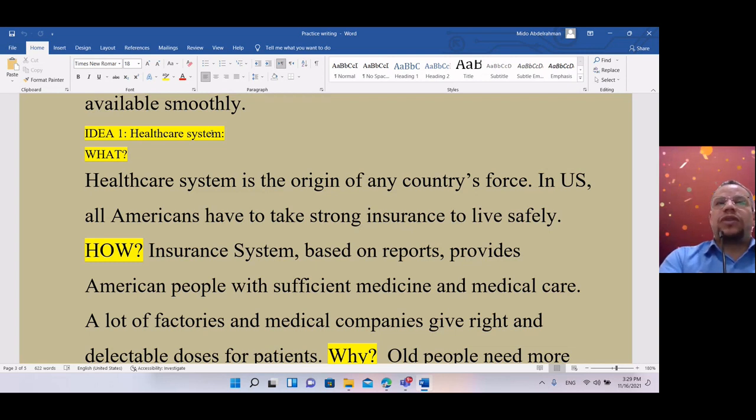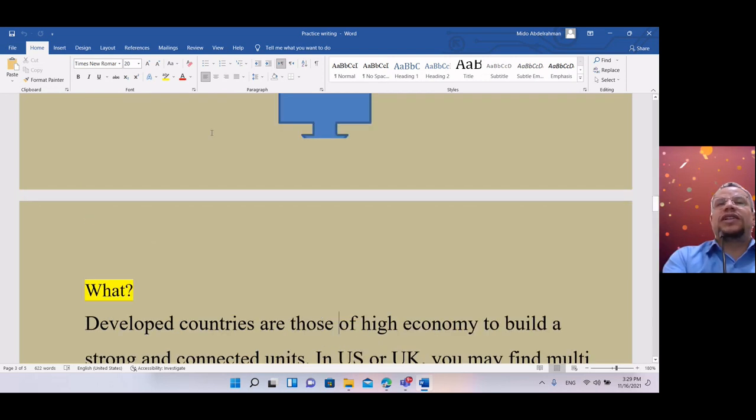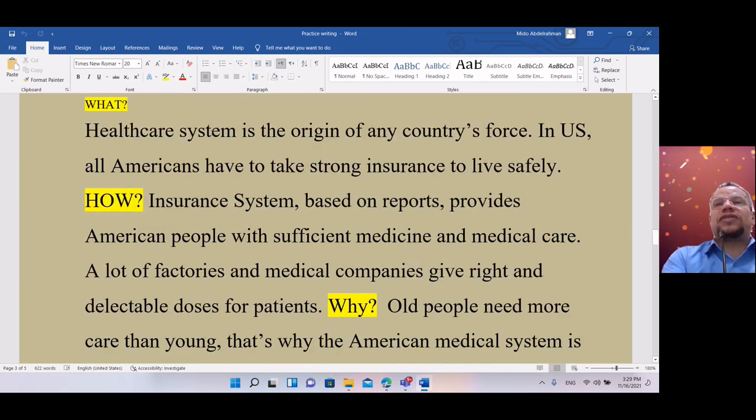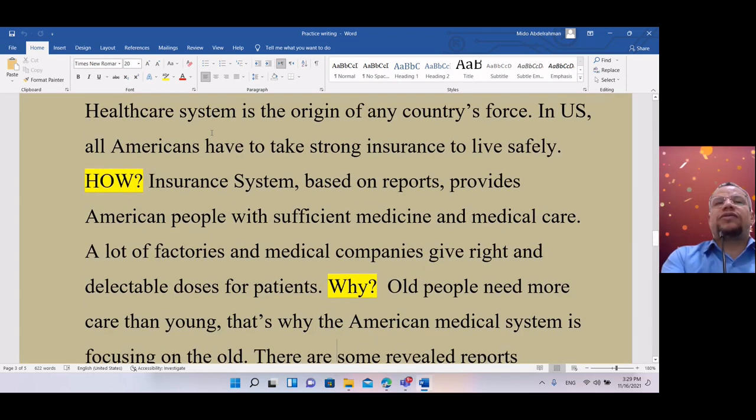In the US, all Americans have to take strong insurance to live safely. How? The insurance system based on reports provides American people with sufficient medicine and medical care.